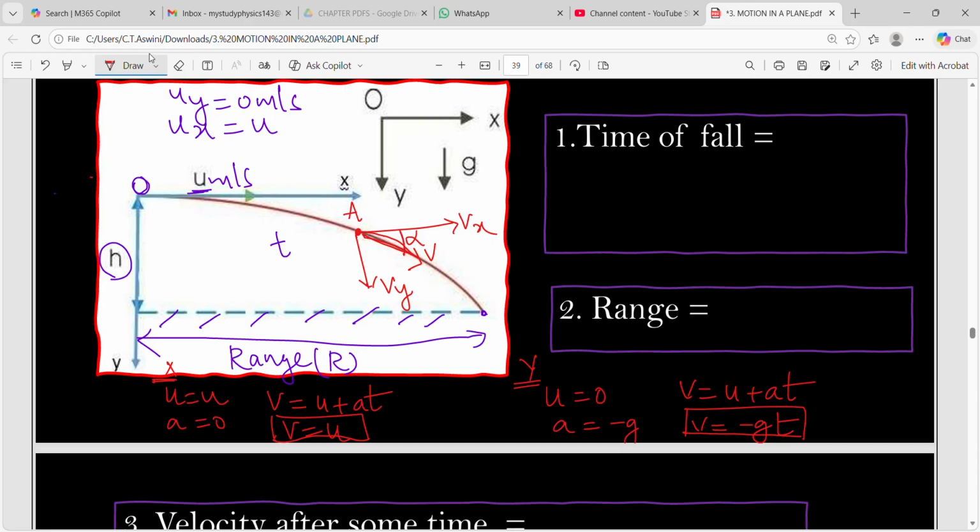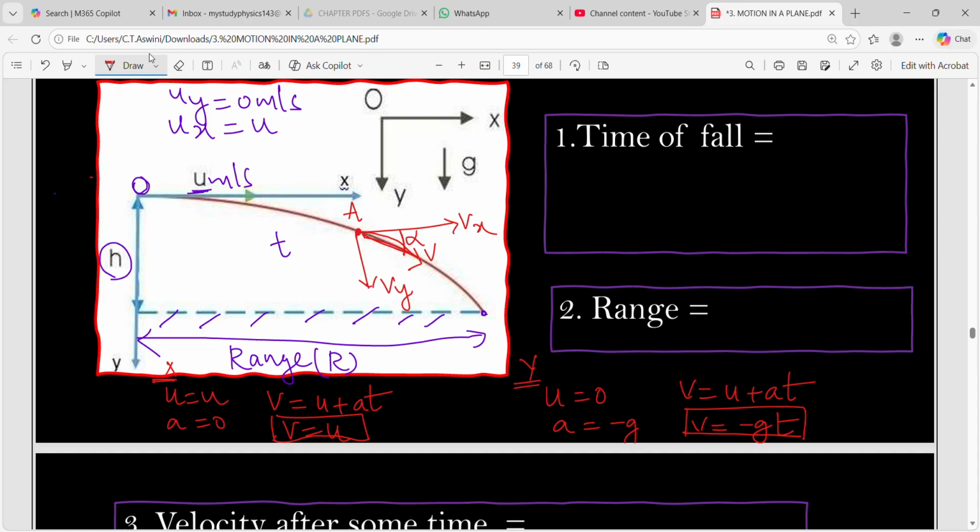At the initial point, along x, velocity is u. And at some point a, along x, again the velocity was u. So along x, there won't be a change in velocity because along x, acceleration is 0. Got my point? Now, how do you find the total velocity? You have to take the square root of x component square plus y component square.